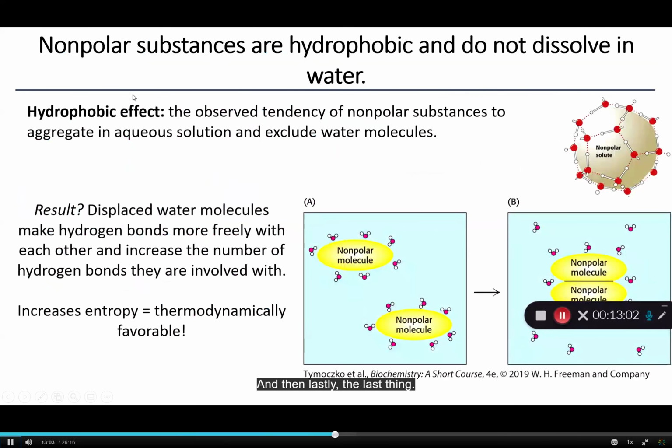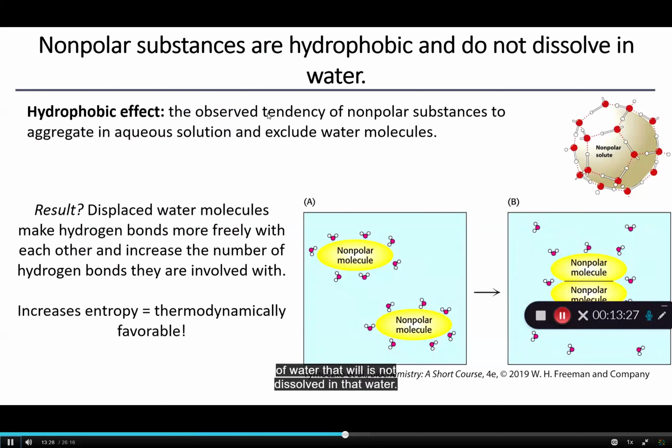And then lastly, who cares about water? What's so great about water is the hydrophobic effect. The hydrophobic effect is this observed tendency of non-polar substances to aggregate in water in order to exclude all of the water molecules. So imagine, if you will, right now in your head, a drop of oil in a glass of water.